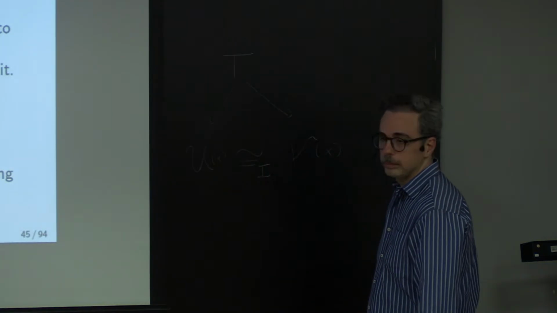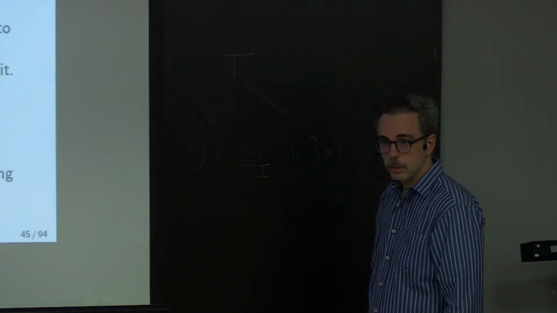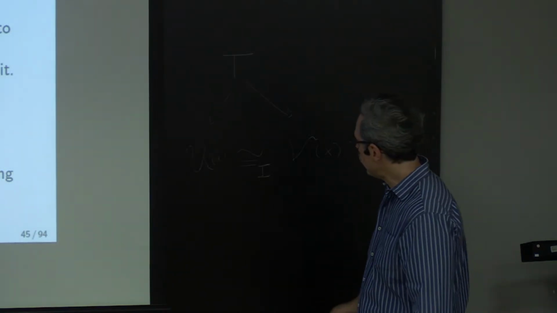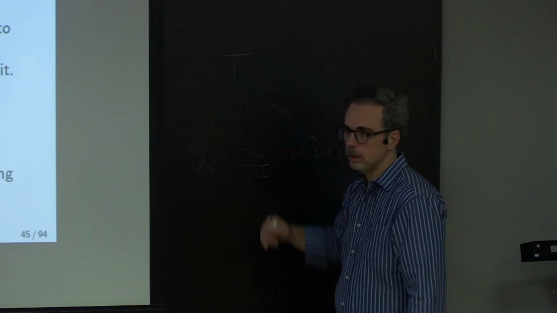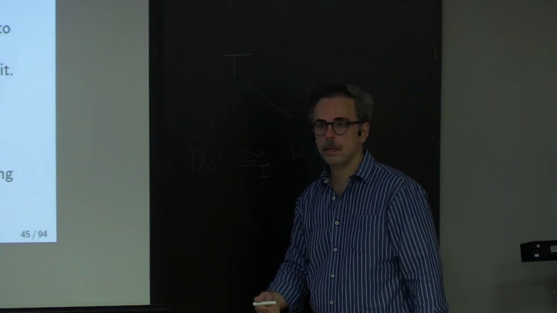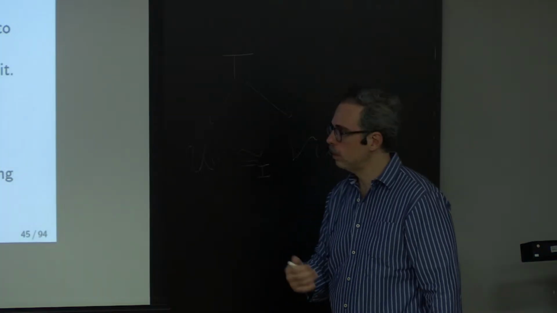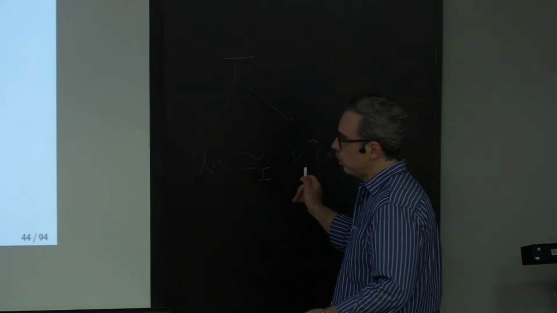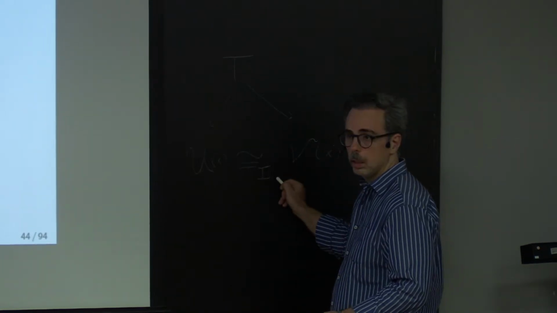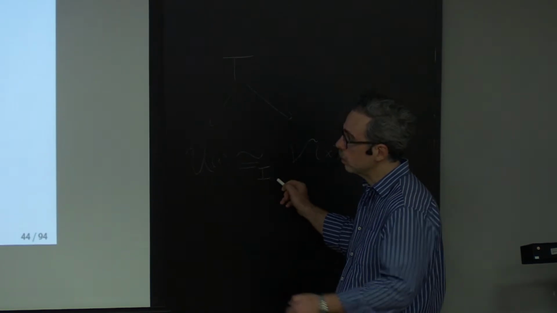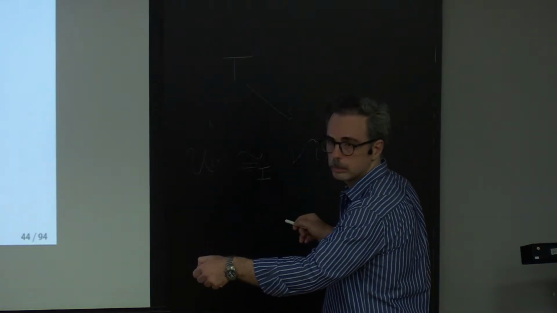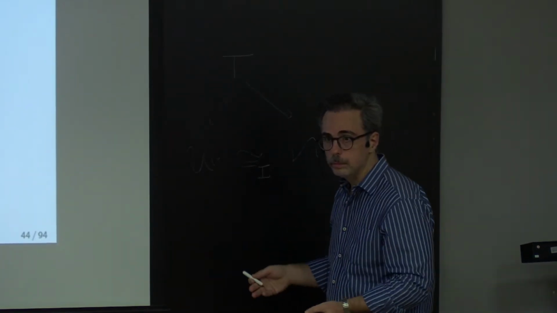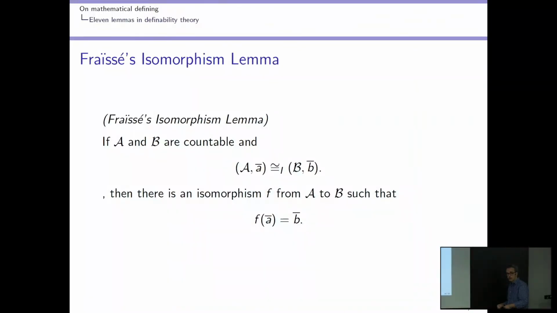Well, but we have Löwenheim-Skolem. So we can say that T is consistent and T has a countable model. But in a countable model, U and V are both countable and they are partially isomorphic, and so they are isomorphic. This also works in some cases, but not always.